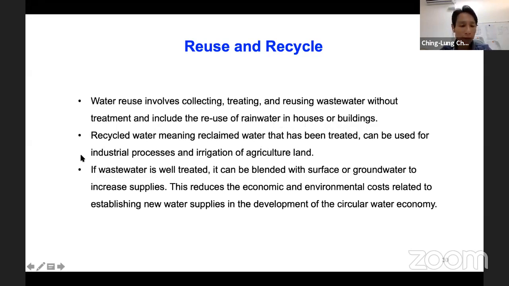The recycled water means reclaimed water that has been treated and can be reused for industrial processes and irrigation. If the wastewater is well treated, it can be blended with surface or groundwater to increase the supply. So again, this will reduce the economic and environmental cost, and this matches the objective of the circular water economy.